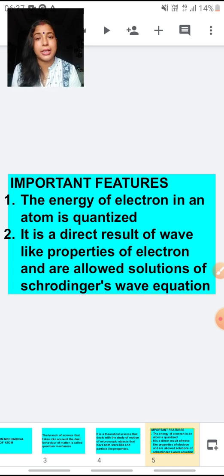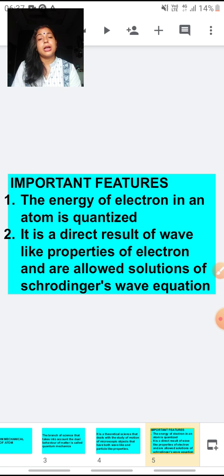Now, the second important point of quantum mechanics is that the existence of quantized electronic energy is a direct result of the wave-like properties of electron and are allowed solutions of the Schrödinger wave equation.